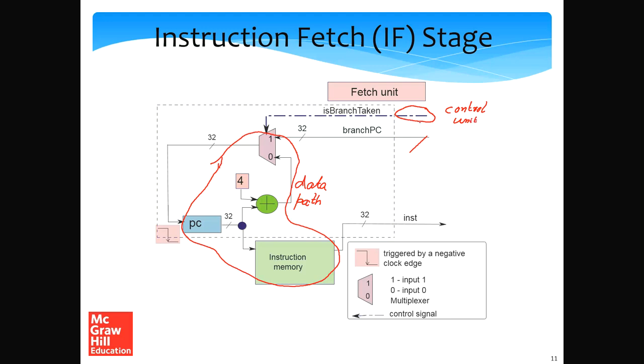So the control unit and these wires to control the multiplexers are part of the control path. Whether the multiplexer per se should be a part of the data path or the control path depends on the interpretation, but we would like to keep it in the data path because the data path is like the static aspect of the circuit.